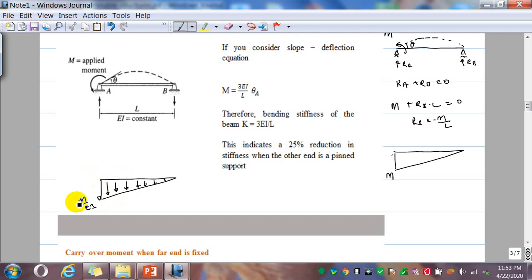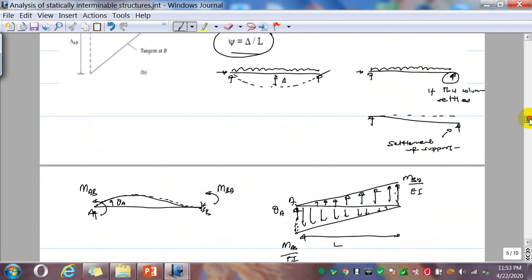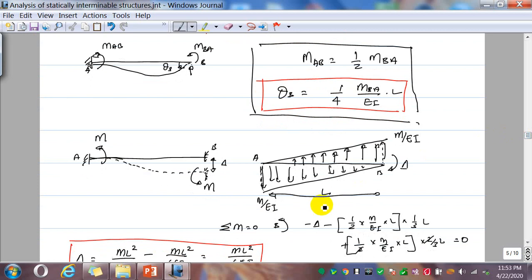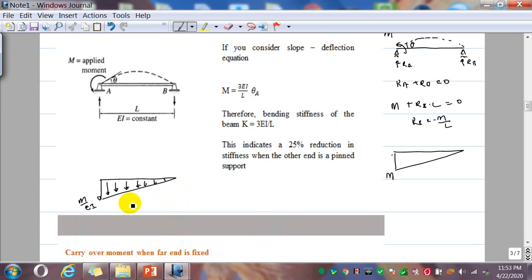So the internal pin remains a pin support, and the far end pin also remains a pin. You can remember that here this one remained as a pin, but there it was a free end because it was a fixed condition. This is the M over EI diagram.